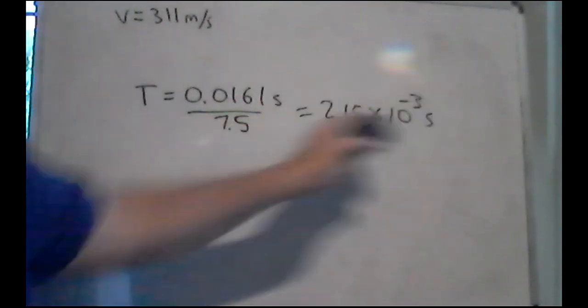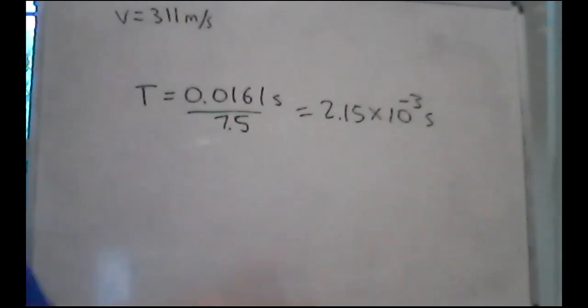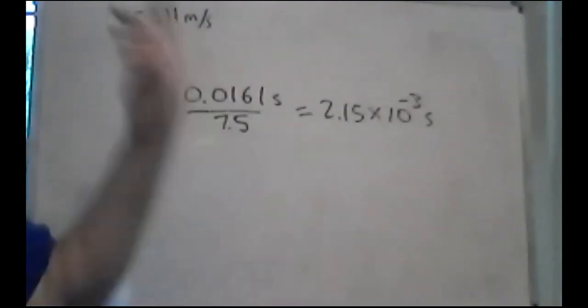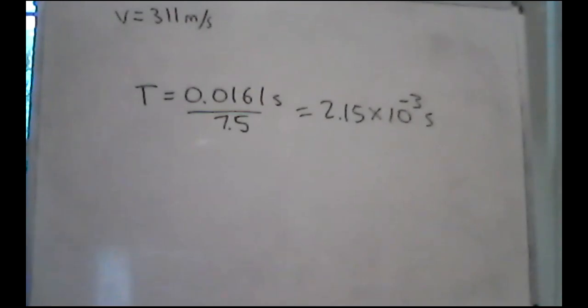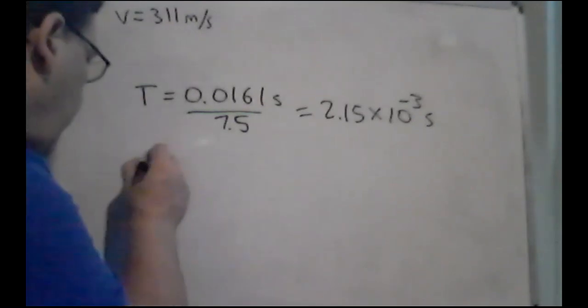This is the calculation that I got from just saying, this is how long it took on my stopwatch, divided by 7.5 waves. I have a period of 2.15 times 10 to the negative 3 seconds. If I can't read the frequency on the slider bar, I can get some estimation of the frequency by just taking the period that I measured and saying, how about the frequency is 1 over the period?